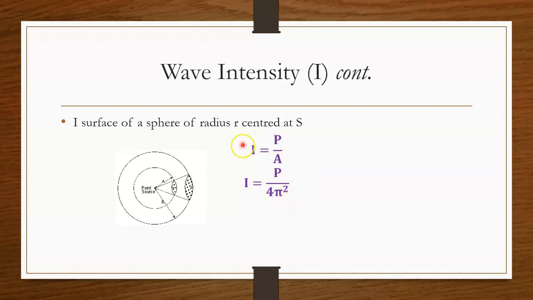So the value of intensity in this type of case depends on the equation of area. For this case, the intensity is equal to P divided by 4 pi r squared.